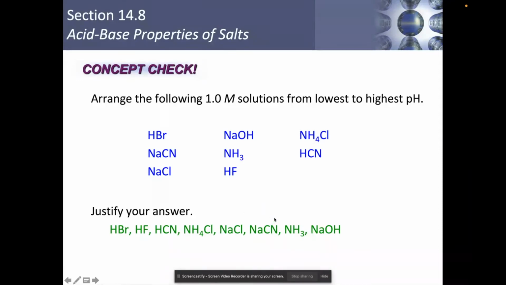After that, we've got our two weak bases, which are very close to one another, this being slightly weaker and this being slightly stronger, and then this is definitely one of our strong bases at the end. So even without having to calculate the pH for every single one of these, we could make some informed decisions, which would be pretty useful, especially on an AP exam.